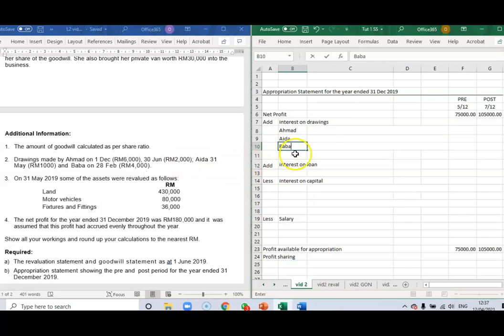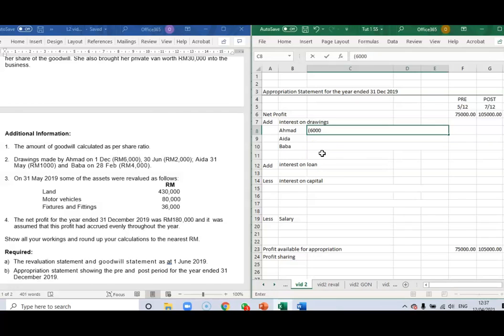These are the three new partners. Okay, now Ahmad took 6,000 ringgit on 1st December. So December will fall into the post, right? Yeah. So your calculation for drawings for Ahmad is 6,000.